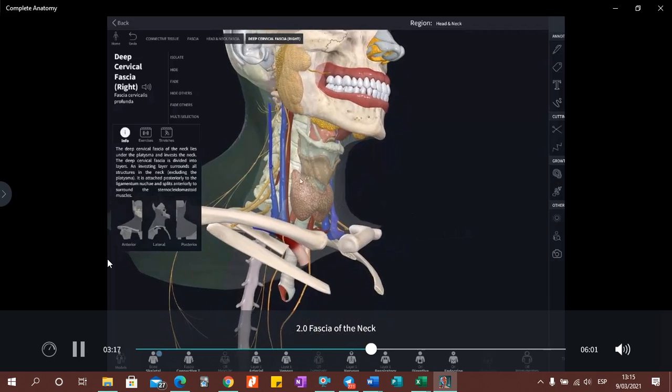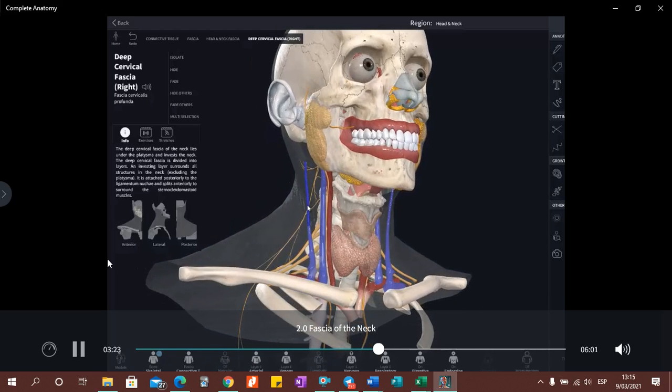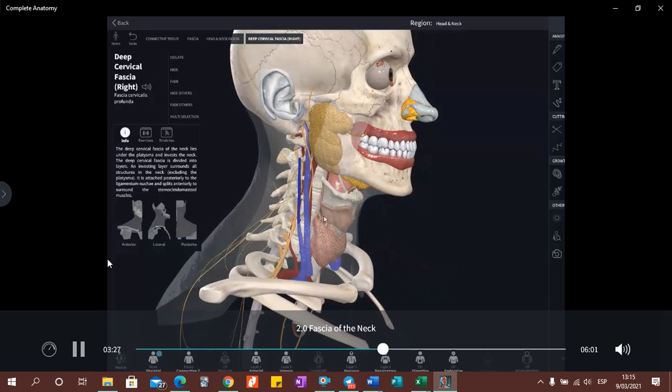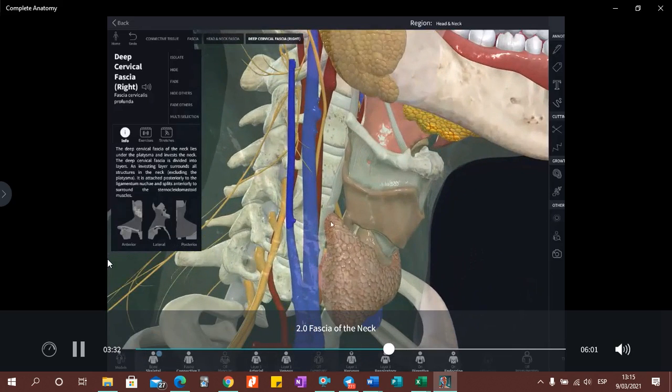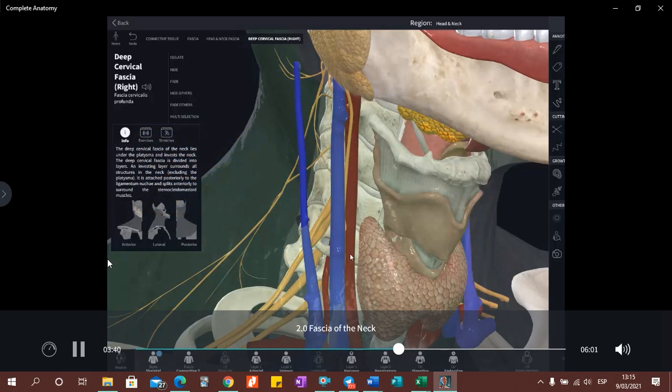Interestingly enough, this pretracheal fascia will be continuous with a type of fascia which is above and behind it, or posterior superiorly, which is called buccopharyngeal fascia, and laterally it'll blend with fascia which contributes to the carotid sheaths. The carotid sheaths will contain three important structures: your internal jugular vein, the vagus nerve, and the common carotid artery.